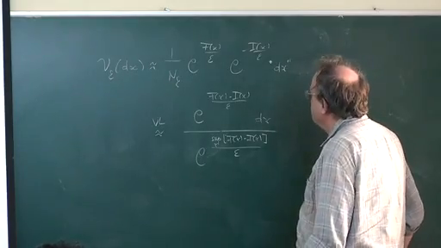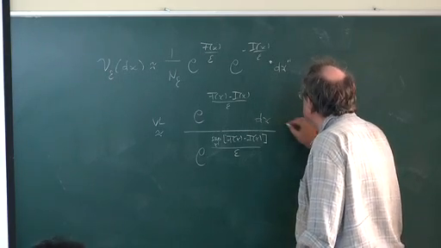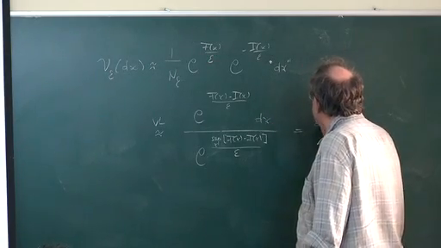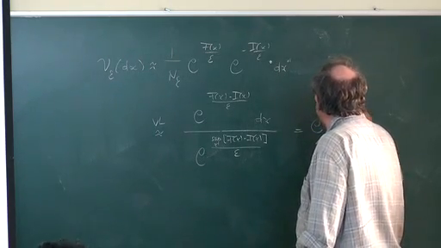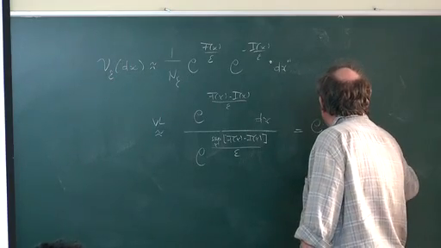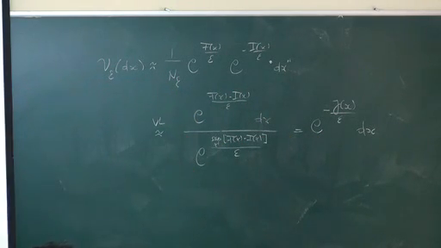And then basically this is exactly e to the minus J(x) over epsilon dx. Okay, so again, if I do some very simple hand-waving argument, then that's what it is.